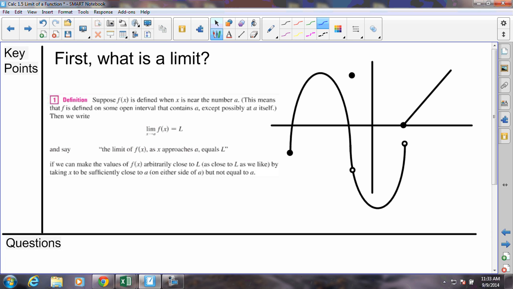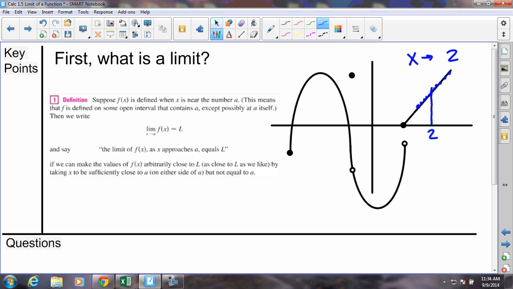Here's the big idea behind it. If we want to know the limit as x approaches 2, say this is the point where x equals 2, we look at values on the left and on the right. Start tracing along the graph as you get closer and closer to 2.